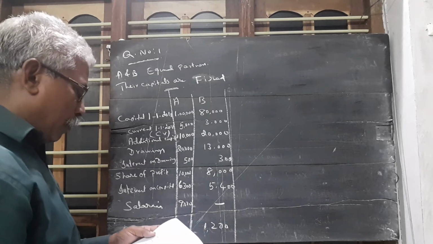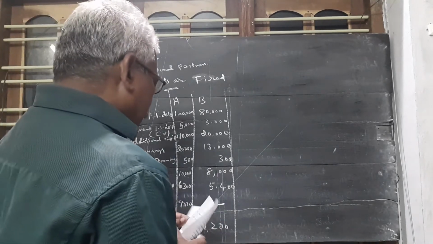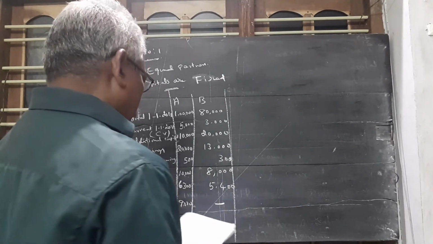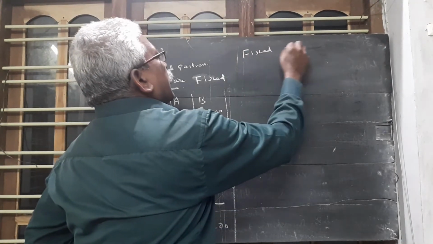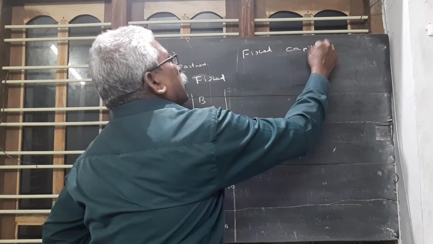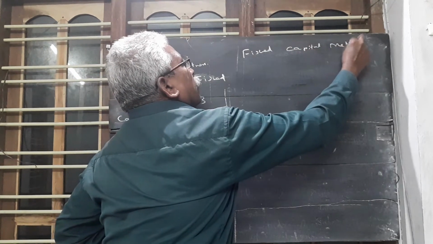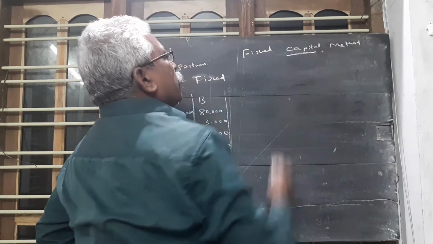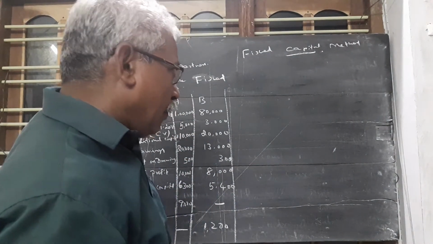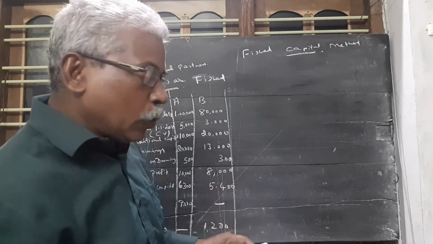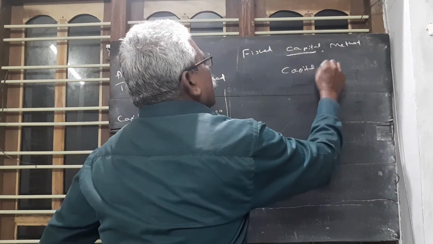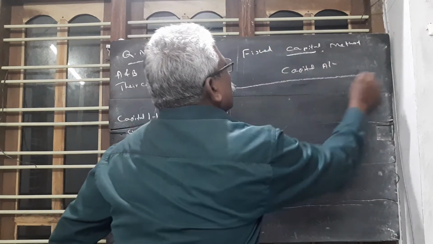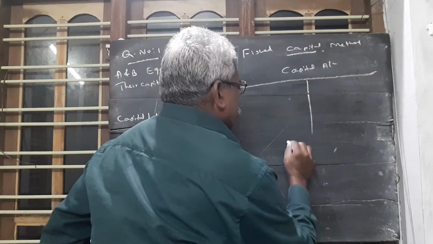Do this problem under the fixed capital method. When we follow the fixed capital method, we have to maintain two accounts. Number one, capital account. Number two, current account.